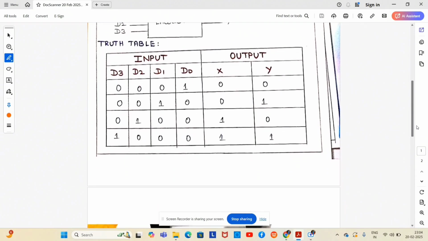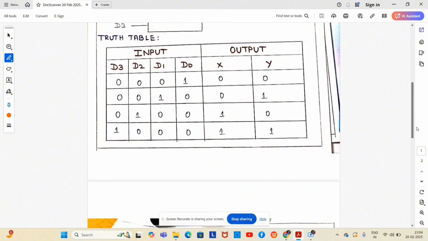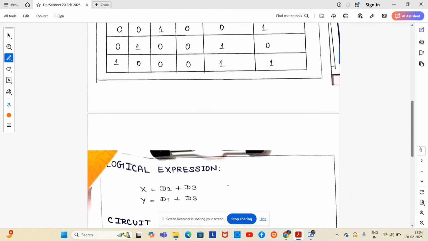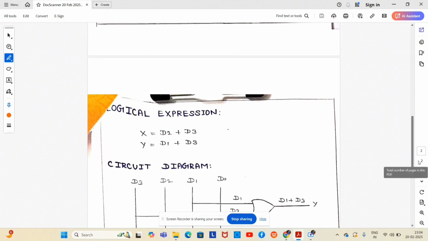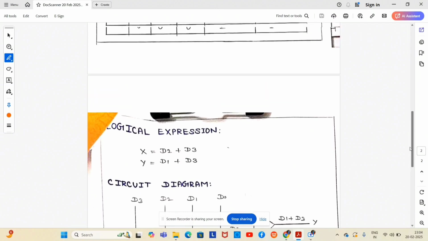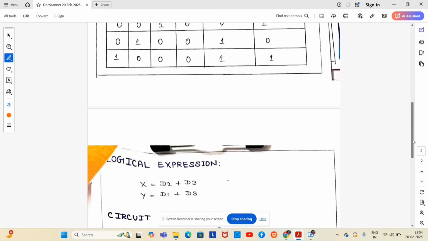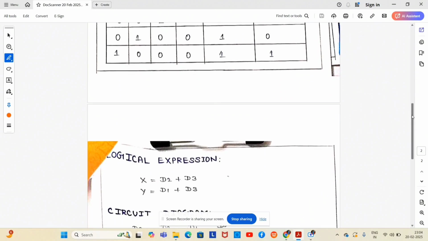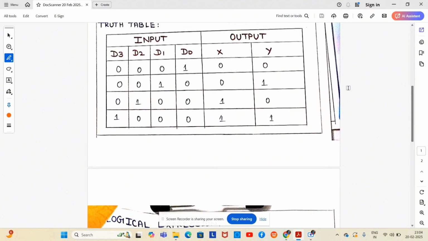Next, now we have to evaluate the logical expression for this truth table. So what are the outputs? X and Y. What is X and what is Y? X gets 1 when D2 plus D3. So the output of X is D2 plus D3.